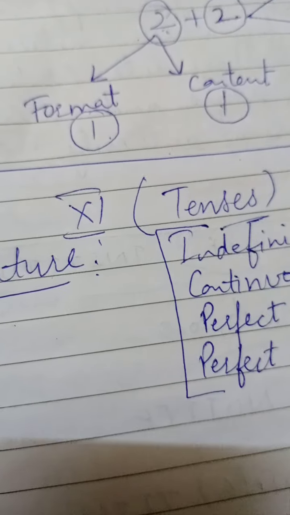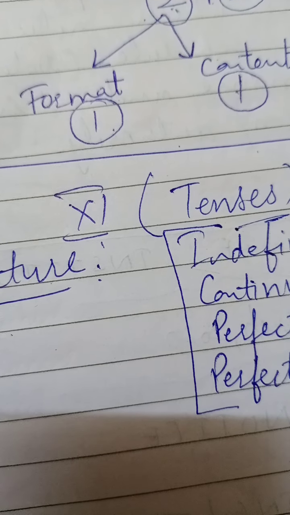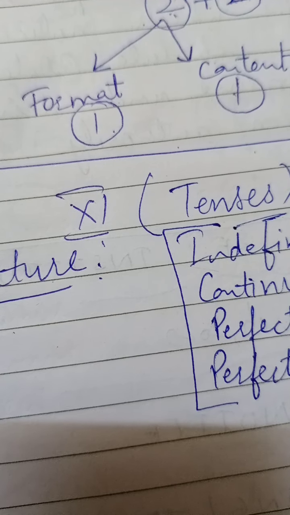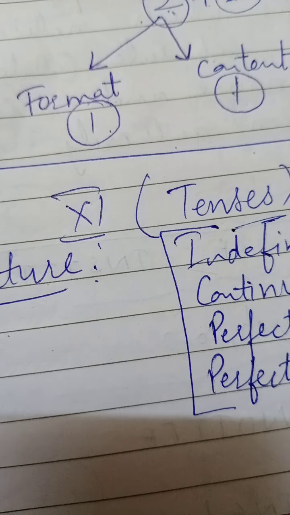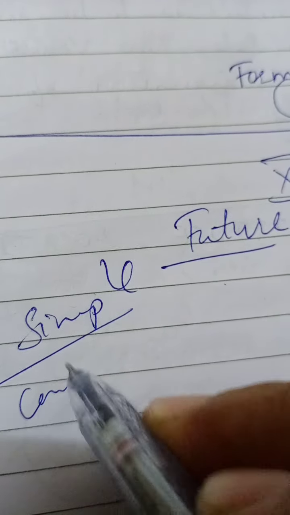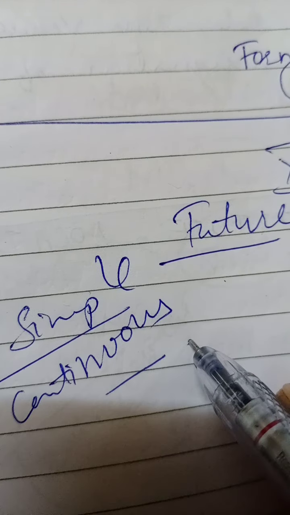We have discussed present tense, simple present tense and present progressive or continuous, in which we have certain ways to describe future.